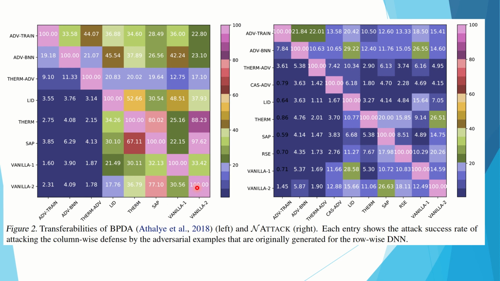For example, for vanilla 1 and vanilla 2, we have good transferability for white box, but for N attack we don't have such good transferability. Generally, all data are very low, less than 50%, with just some exceptions, and it shows that transferability with the white box and N attack is not very good.